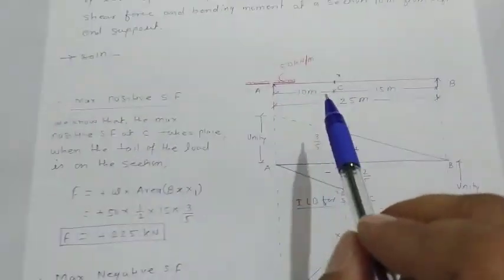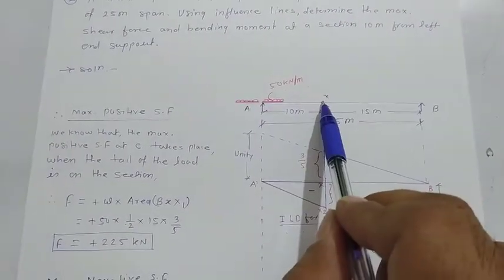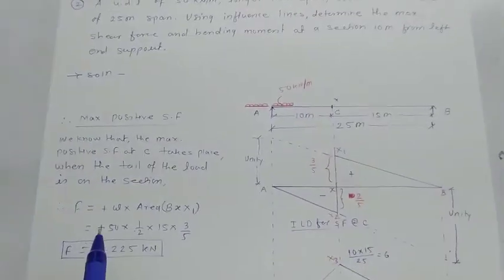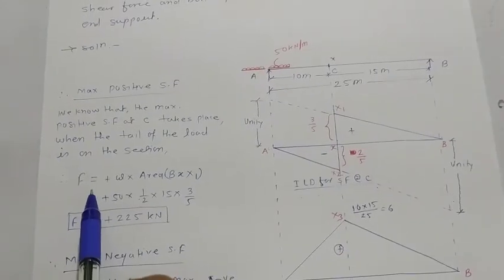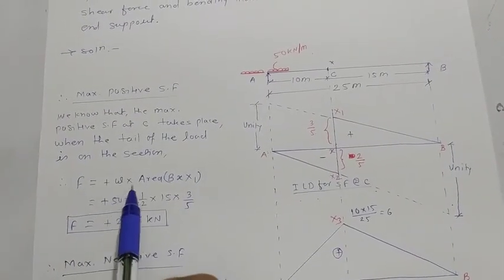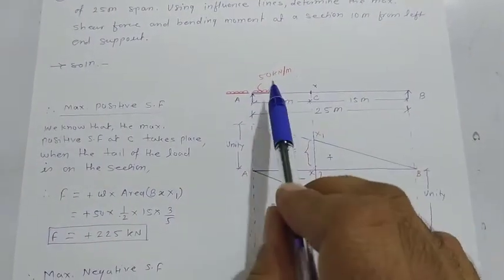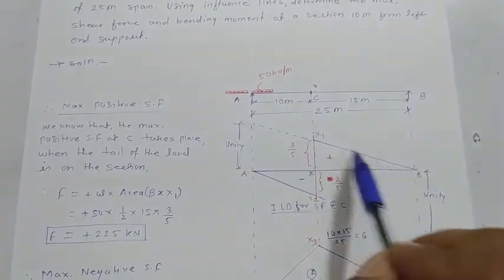So I must place the tail of UDL on this section. Shear force will be W into area, where W means UDL intensity.